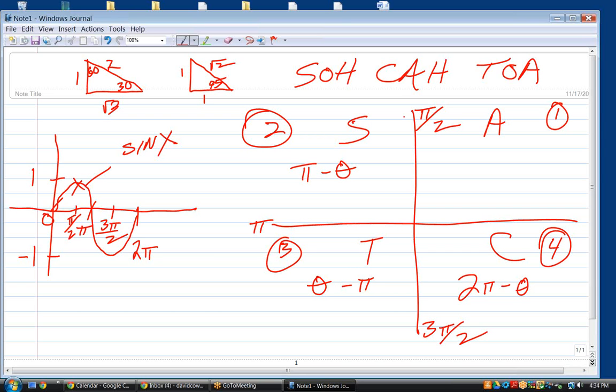Because it's pi over 2. Pi over 2 is the same as 90 degrees. Pi is the same as 180 degrees. 3 pi over 2 is the same as 270. So it's 1. Correct? What's the sine of pi, or 180 degrees?